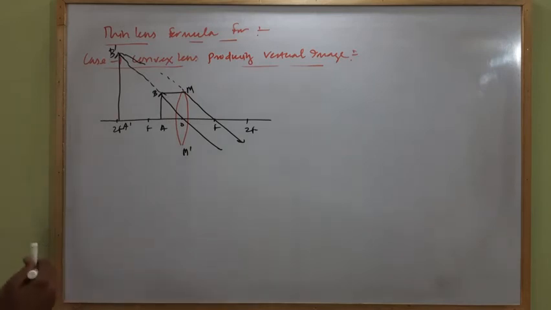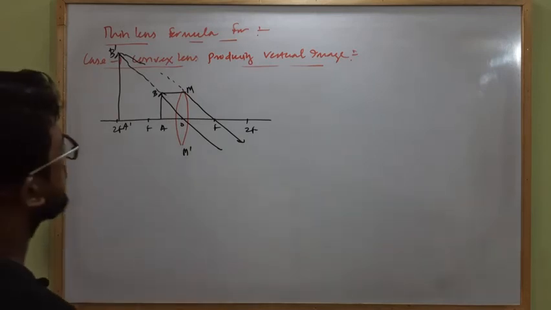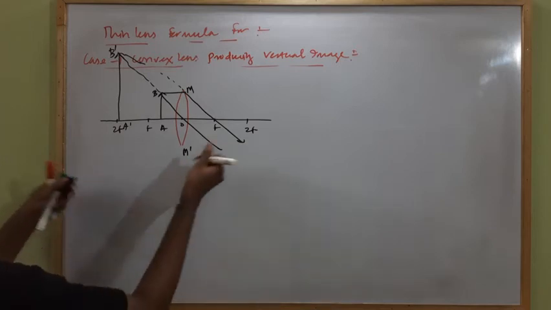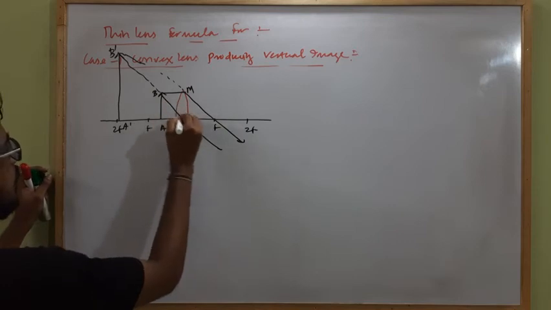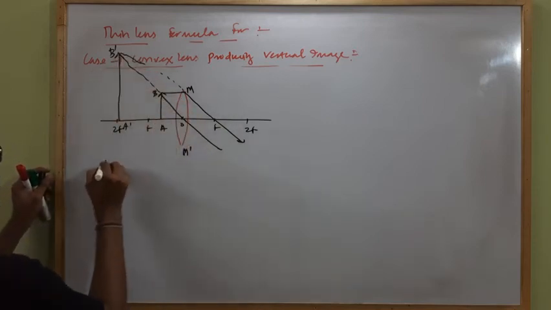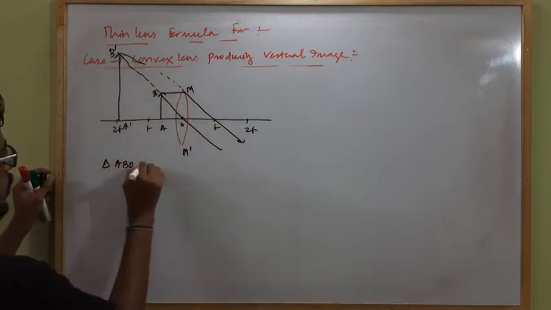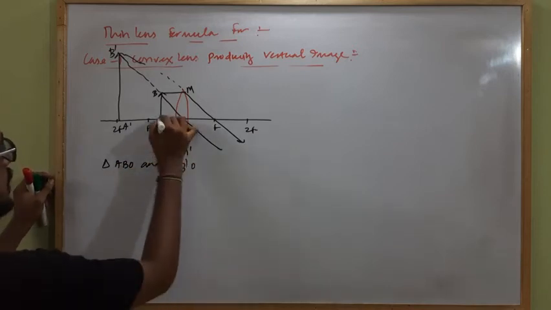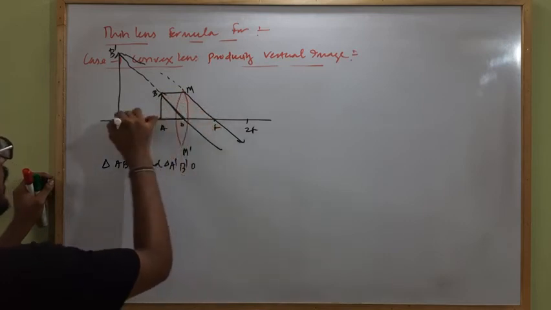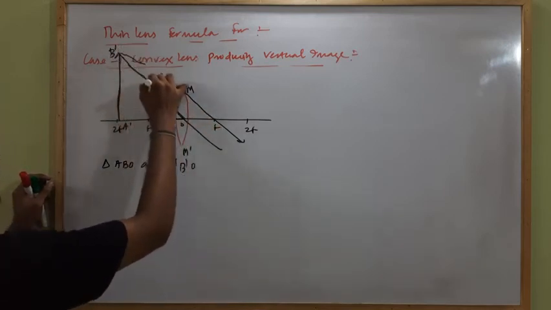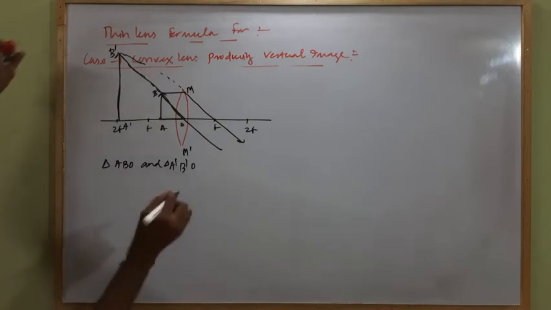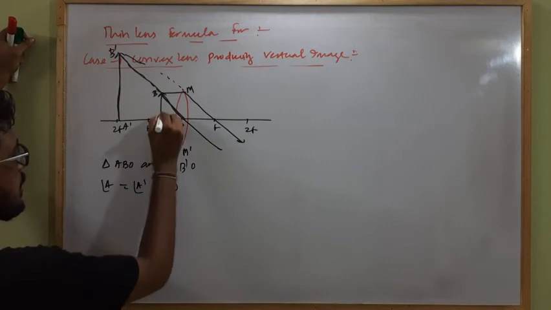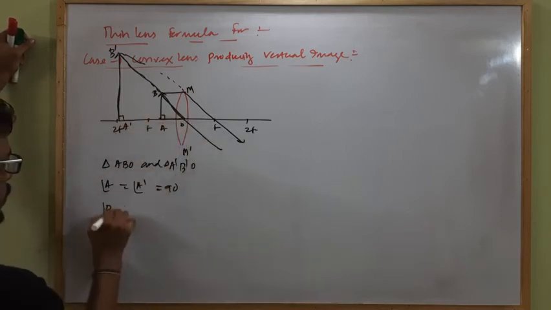Clear? So now similarly, in the triangle ABO and A'B'O, angle A equals angle A', 90 degrees, and angle O is common.